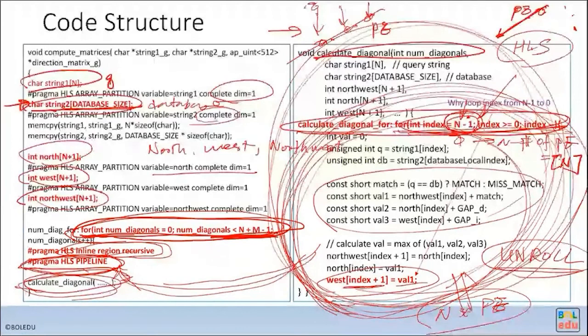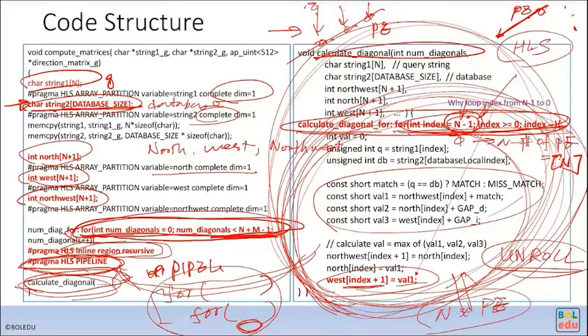For a 2D systolic array, it's not much different. You simply use a two-level loop, and then you put the PE operation inside the inner loop, and then you unroll them.